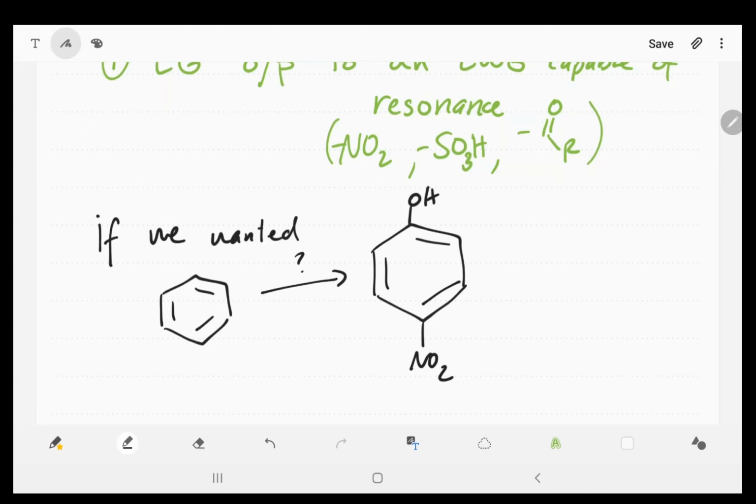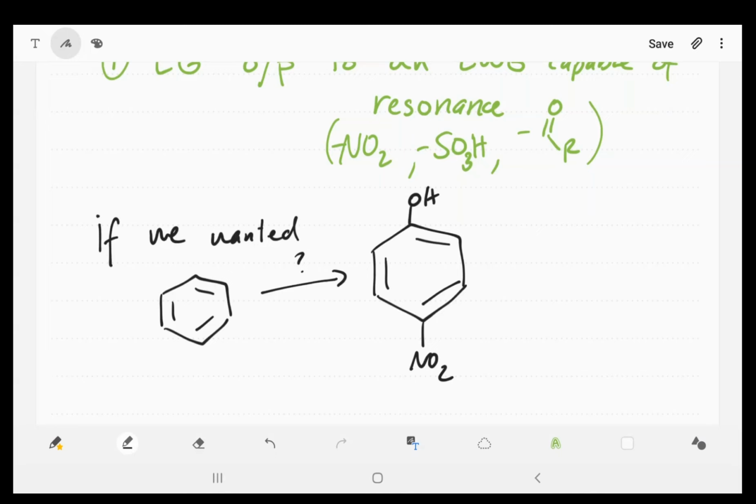The OH group we can't put on directly. We don't have an electrophilic aromatic way of putting on a hydroxy group. We're going to see that for us, the best way to do it is to put it on as a nucleophile using nucleophilic aromatic substitution.